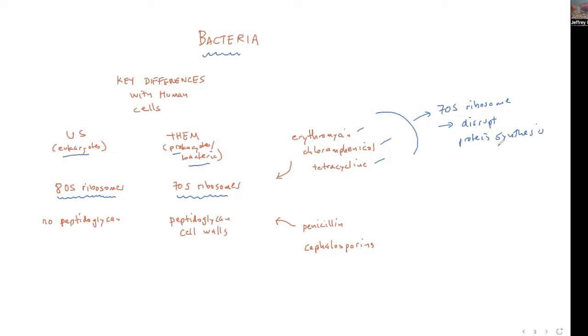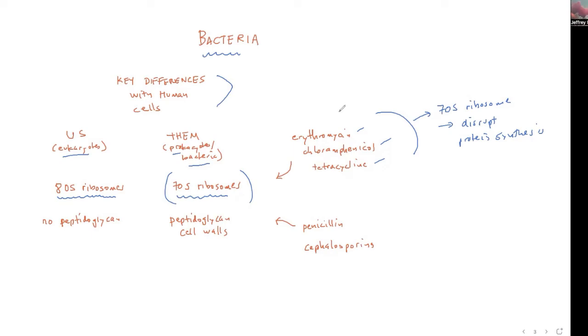And so that's going to be an important way that we can target them. See what we're doing? We're looking at us, we're looking at them, we're saying, hey, 70S ribosomes are one way that we can specifically target bacteria without any collateral damage to our own cells, right? And so this use of differences between them and us is an important feature of bacteria that we make great use of, right?